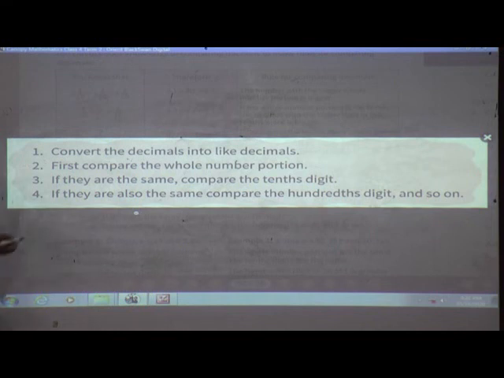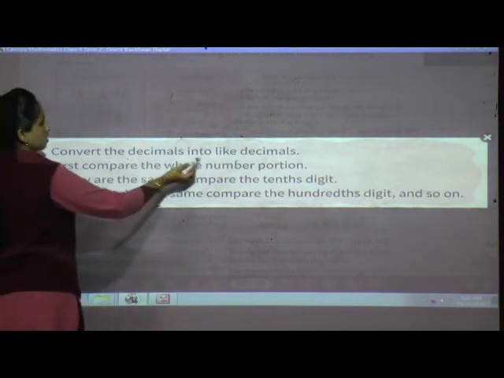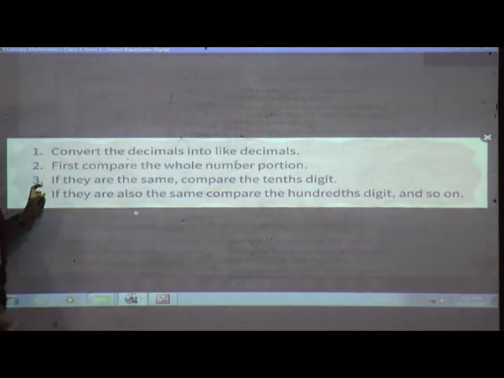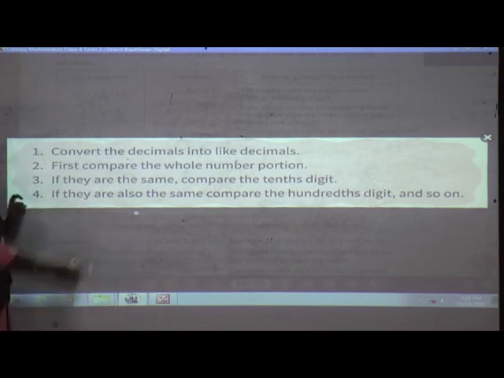Keep these things in your mind: convert the decimals into like decimals first, and second, compare the whole numbers. If the whole number is greater, you have to take the bigger number first.